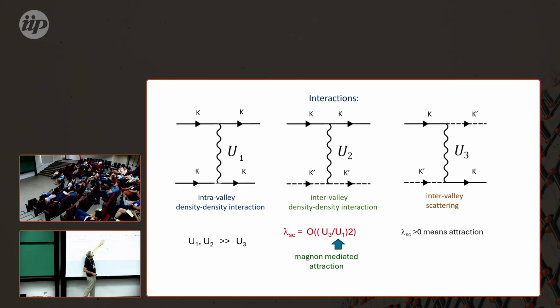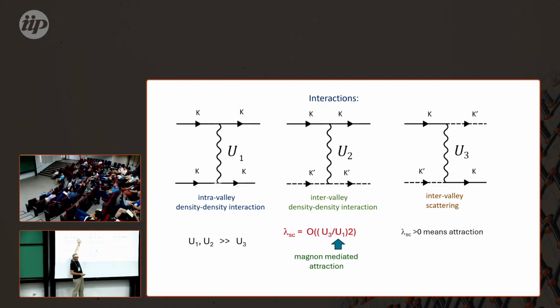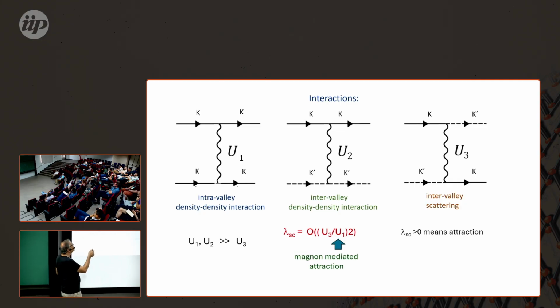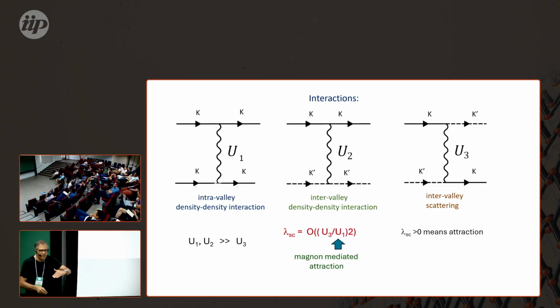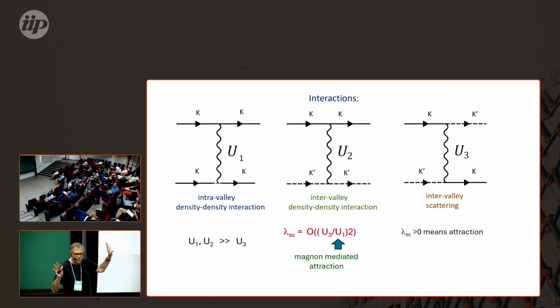This is interaction which at zero order is the same as U1, but when you include renormalizations beyond a ladder, they become different. This is also interaction with small momentum transfer. Momentum transfer here is the same as here. The only difference is just density of one valley times density in the other valley. And again, these two interactions are originally the same, but then when you go to renormalization, they renormalize to a different value, but still similar.